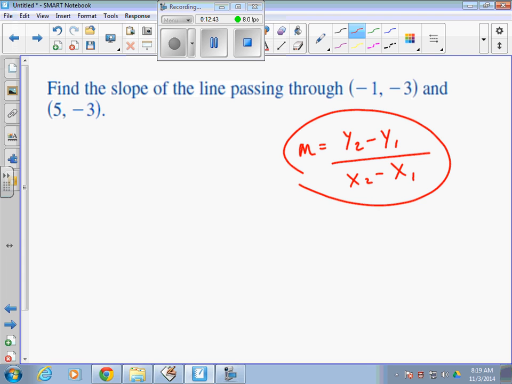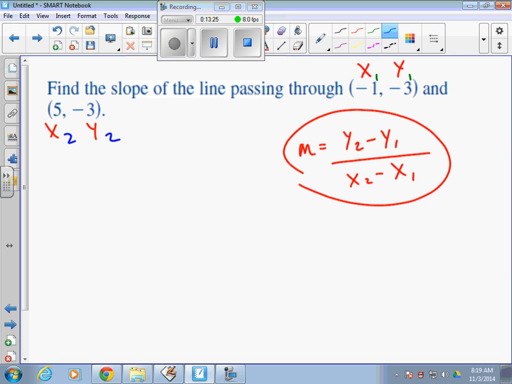Take 30 seconds on that one. xy, xy, sub 1, sub 2. Plug them in their corresponding spots.